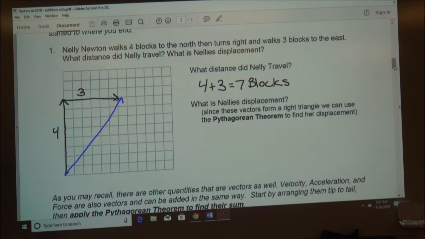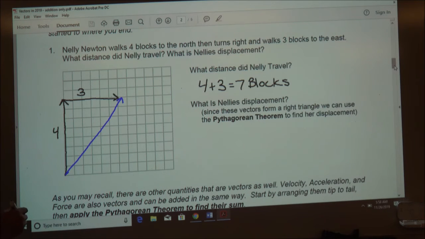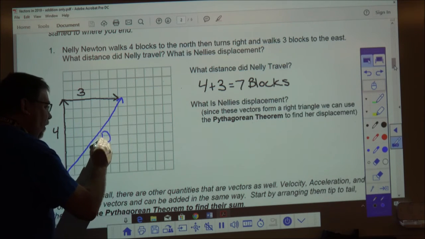So let's look at how we actually find the value of the resultant of this vector. We're going to use the Pythagorean theorem. Some of you may have learned this in math already. We'll call this new vector d, for displacement.